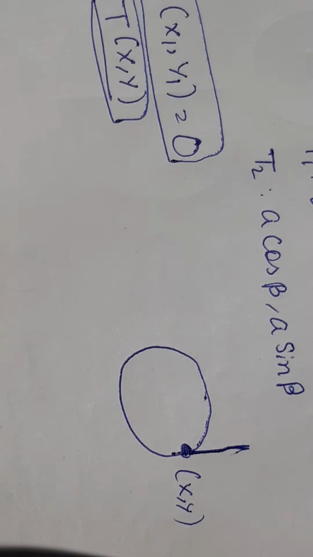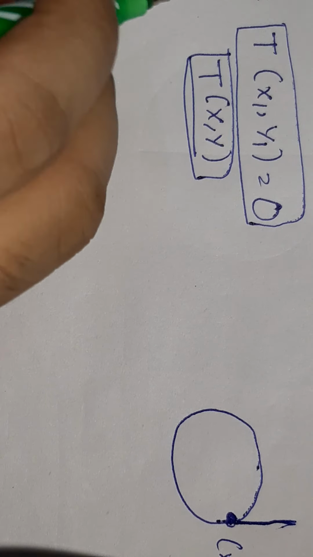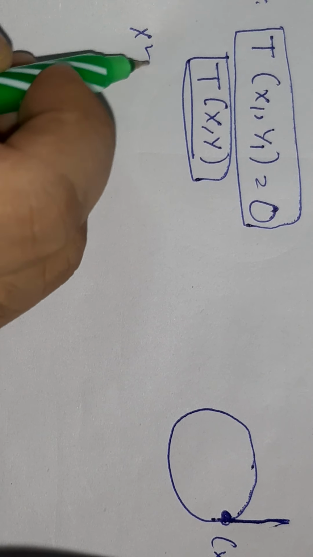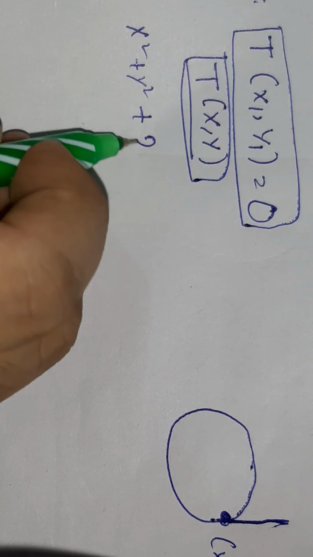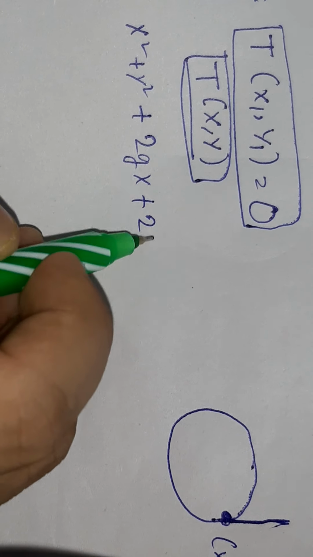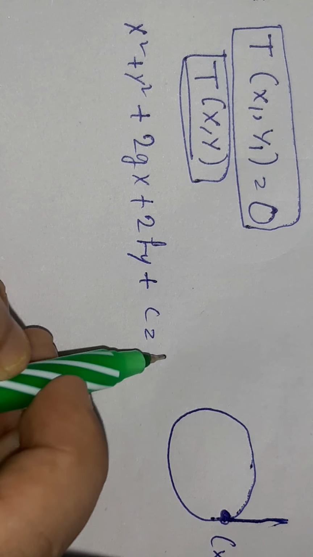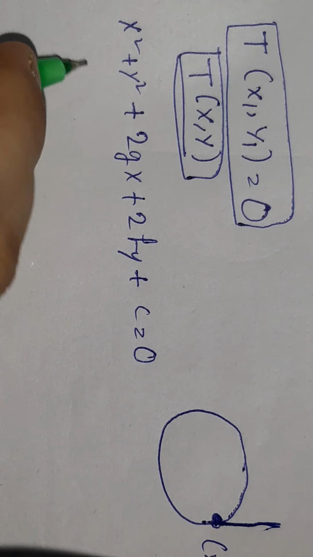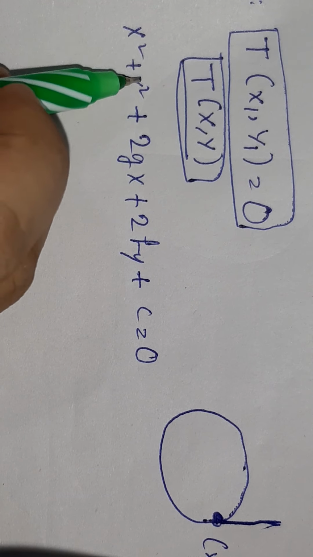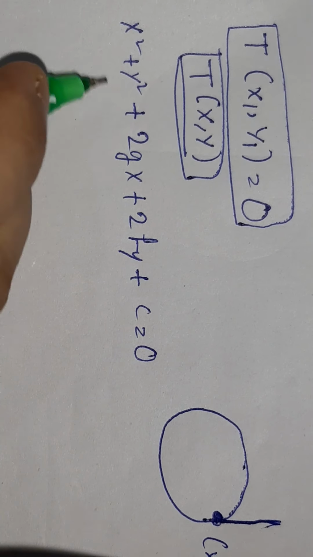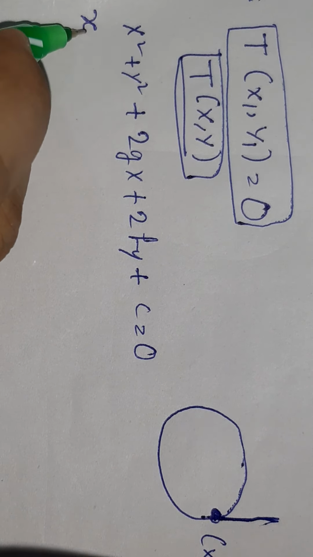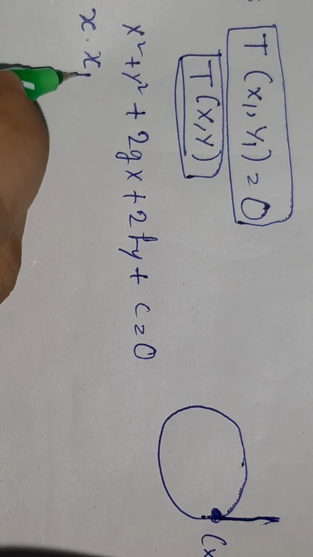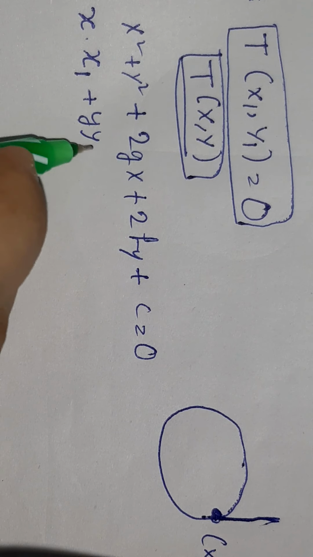And there is another trick. If the equation of the circle is x square plus y square plus 2gx plus 2fy plus c equals 0, then the equation of the tangent at (x1, y1) will be: x square is nothing but x into x, so take one x and put x1 instead of x, and then y into y1.